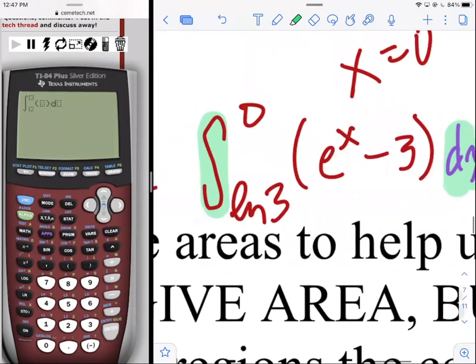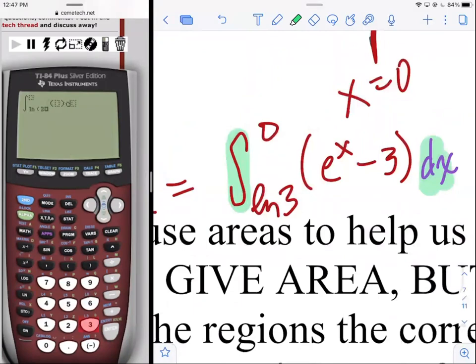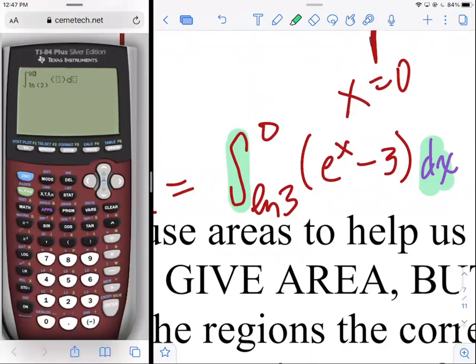Now we'll just type it in. Let's do the first integral. The natural log of 3, close parentheses, click up to 0. And then I can either type in e to the x minus 3 or recall it from y1. Recall it: alpha trace, number 1, and then dx.